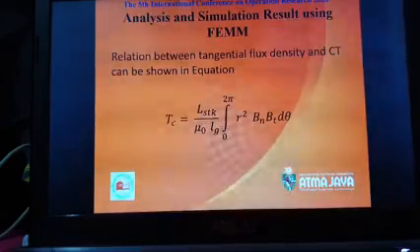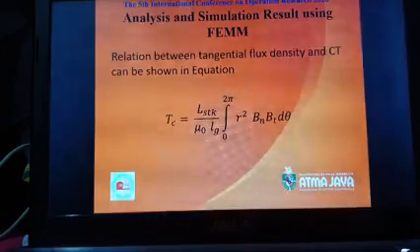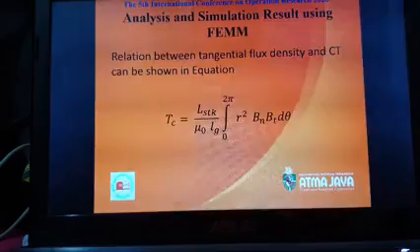One can observe the tangential flux density affects the value of the CT. Thus, for reducing CT in any PMG, the tangential flux density must be minimized.